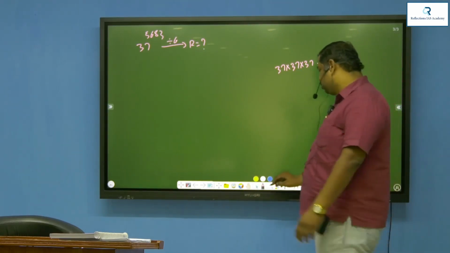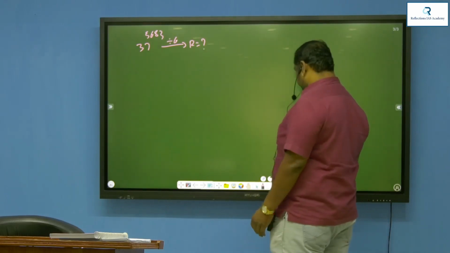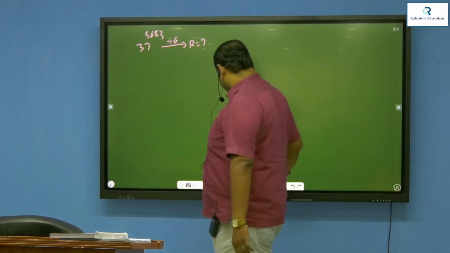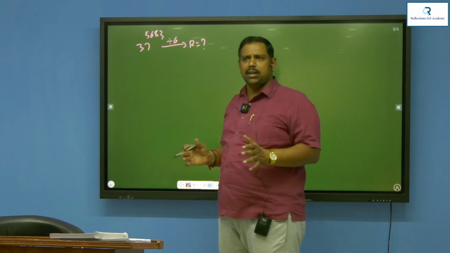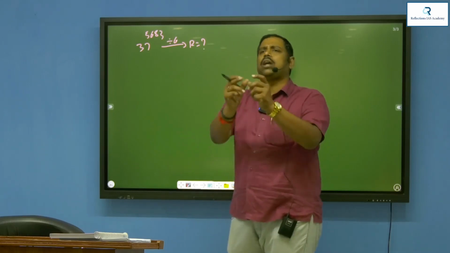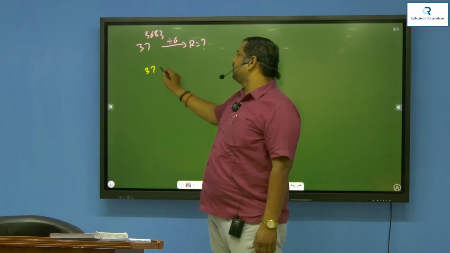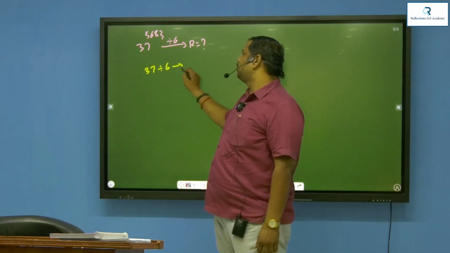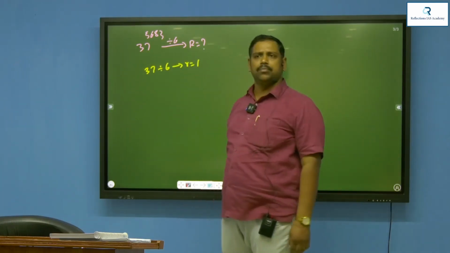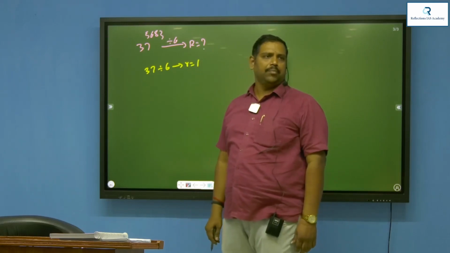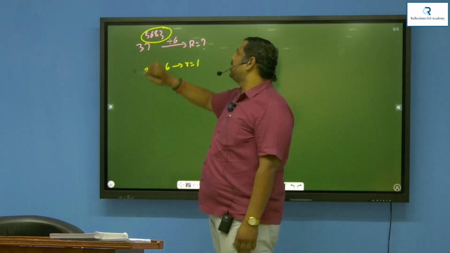Impossible. Okay, what I can do is, the rule is very simple. Okay, in the regular classes, I will explain you why I am going like that. But in this case, I am directly giving you what I have to do. What the base here? What's the divisor? 37 by 6. What is the remainder? 1. What is the power here? 5683.